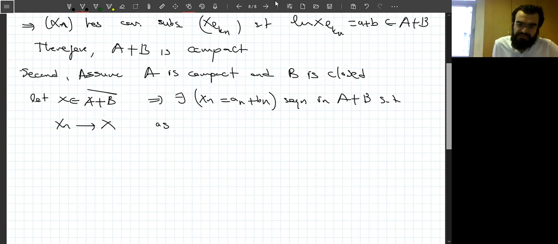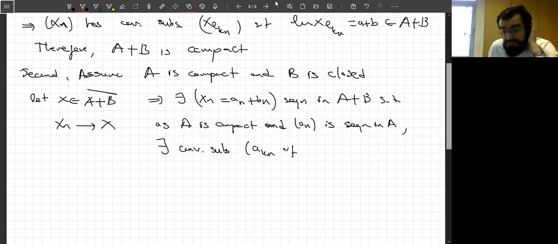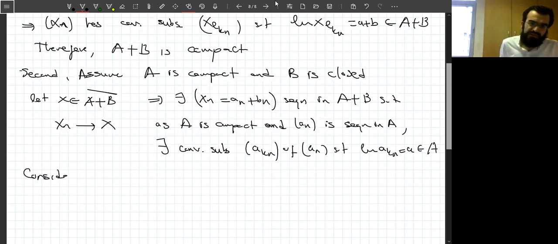As A is compact and this a_n is a sequence in A, there exists a convergent subsequence a_{k_n} of a_n such that the limit of a_{k_n} is a, and a belongs to A. Consider the subsequence x_{k_n}, which is a_{k_n} plus b_{k_n}, of x_n.